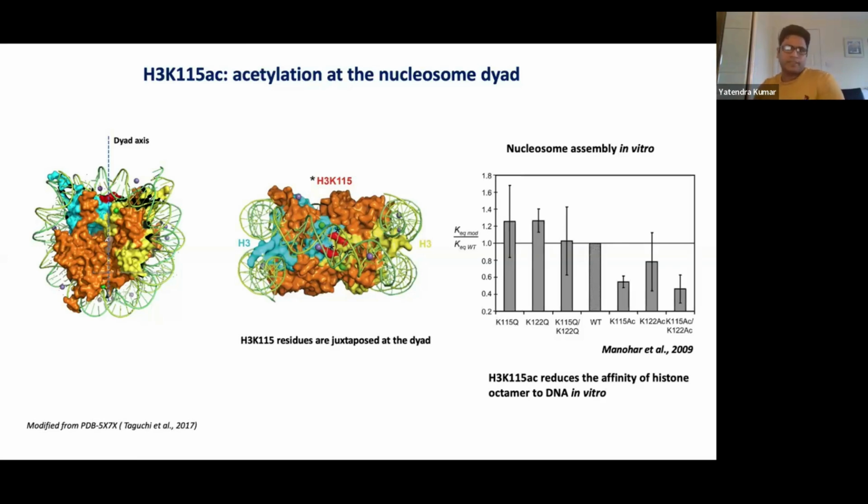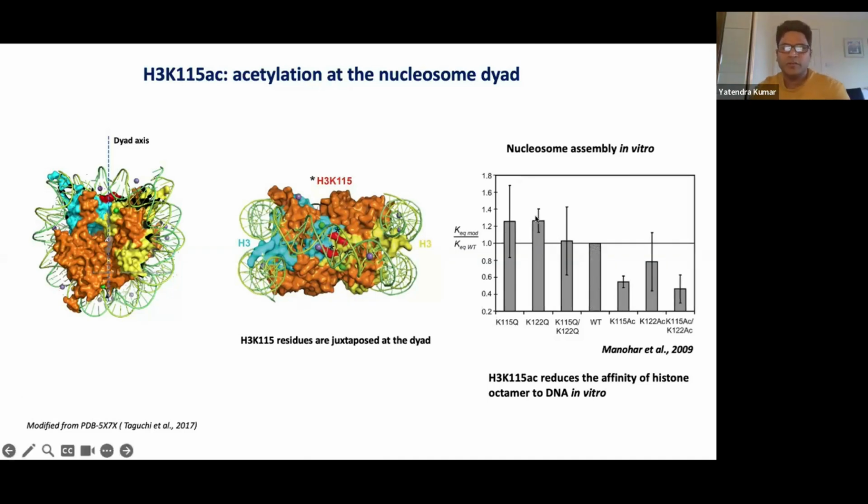Now the dyad axis is very important because it has very important DNA histone interactions, which help stabilize the DNA on the histone octamer. So in that sense, it can affect nucleosome dynamics even more because these two residues come together and the effect of acetylation would be double.